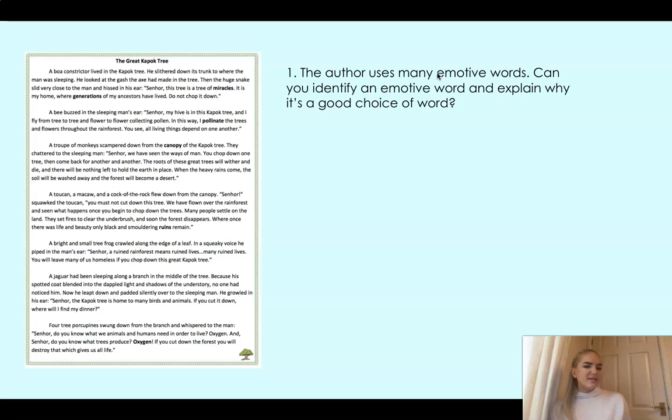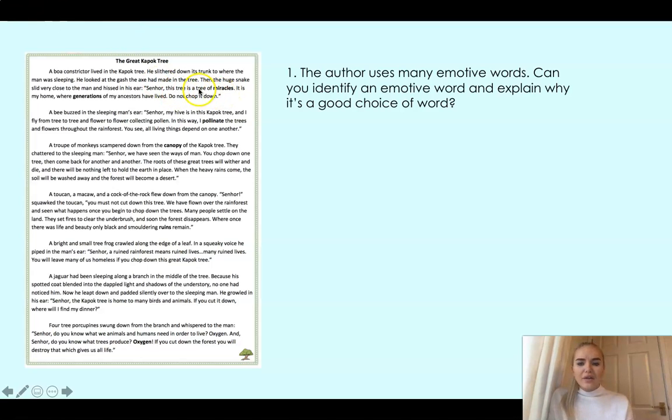Now, we need to think, well, what words can be seen as emotive words? Would the word down be considered an emotive word? Do you read that word down and feel an emotion? No, not really. You might have an image in your head of something going downwards, but you don't really have an emotion.